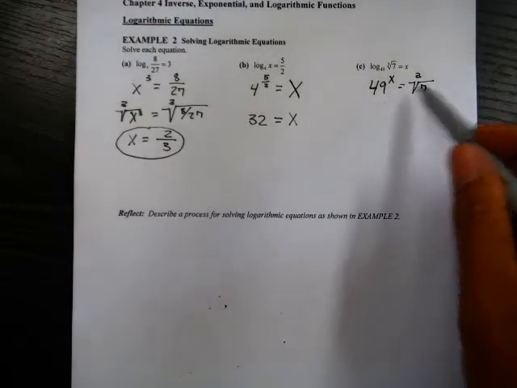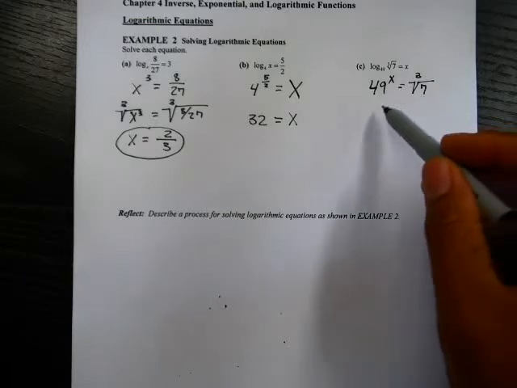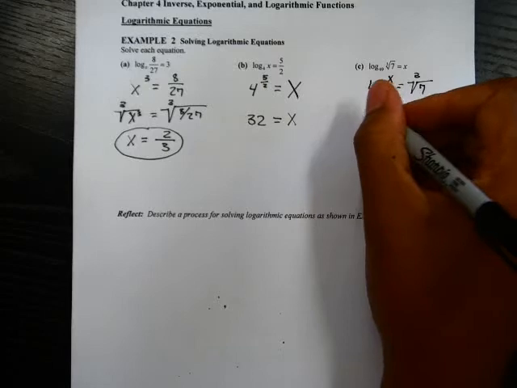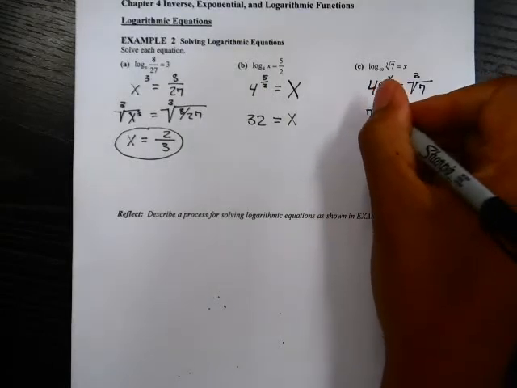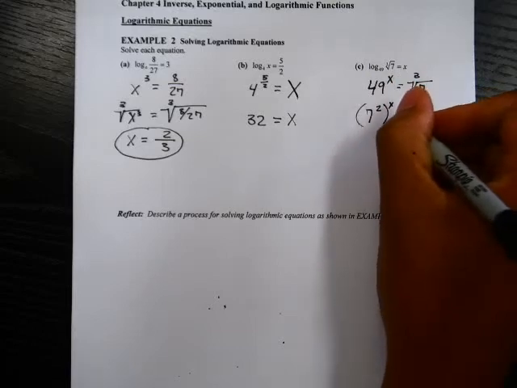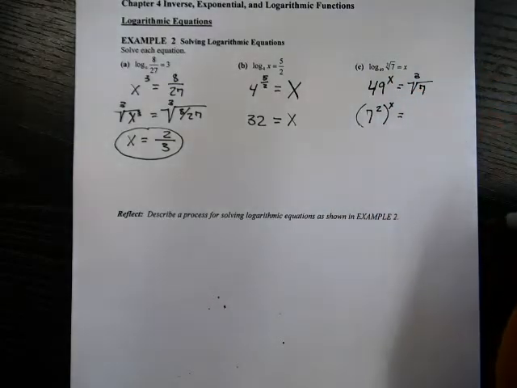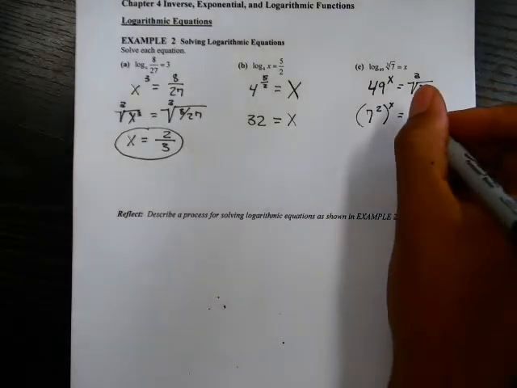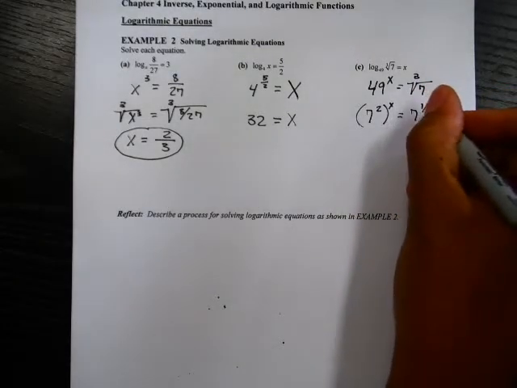So 49 and 7, I can change those so that the bases are the same. 49 I can rewrite as 7 to the second power. That goes to the x power. And the cube root of 7 can be rewritten as an exponential as 7 to the 1/3 power.